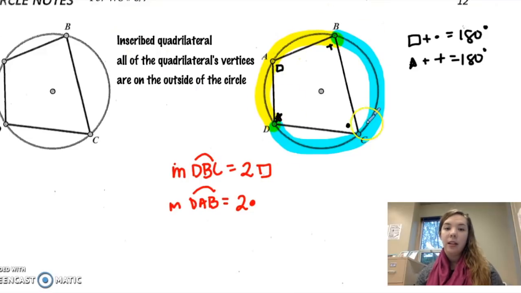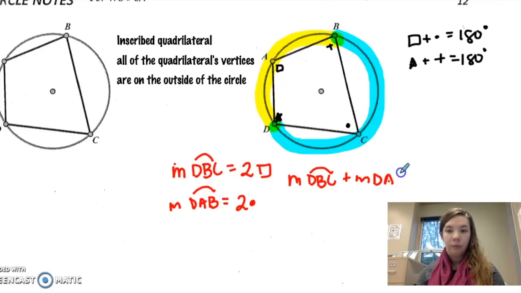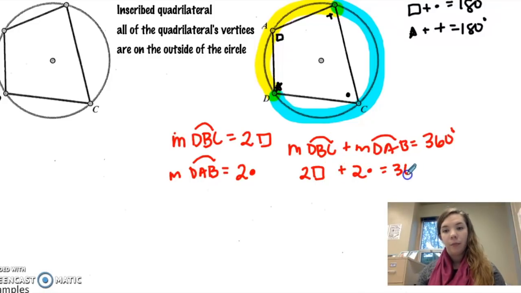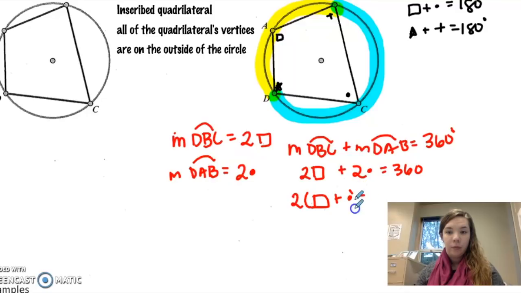We know if we add these two arcs together that they should equal 360. So if I add my two arc lengths, that should equal 360. If I use substitution and replace them with 2 square and 2 dot, and I factor out a 2 and divide by 2, then I get this relationship equals 180.